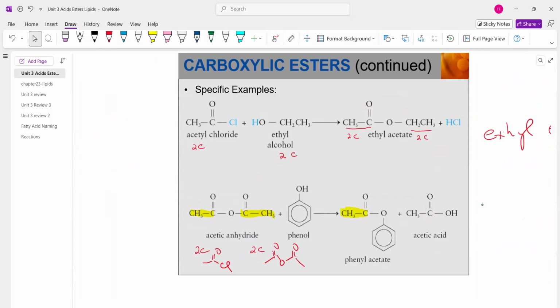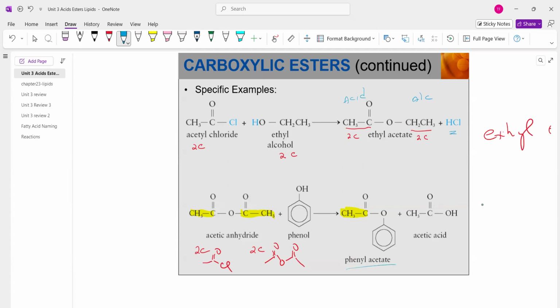So here we have a 2-carbon acid chloride. Here we have a 2-carbon alcohol. So our ester is going to be a 2-carbon on the acid side and a 2-carbon on the alcohol side. So we haven't got into naming yet. We're going to get into naming in a second.